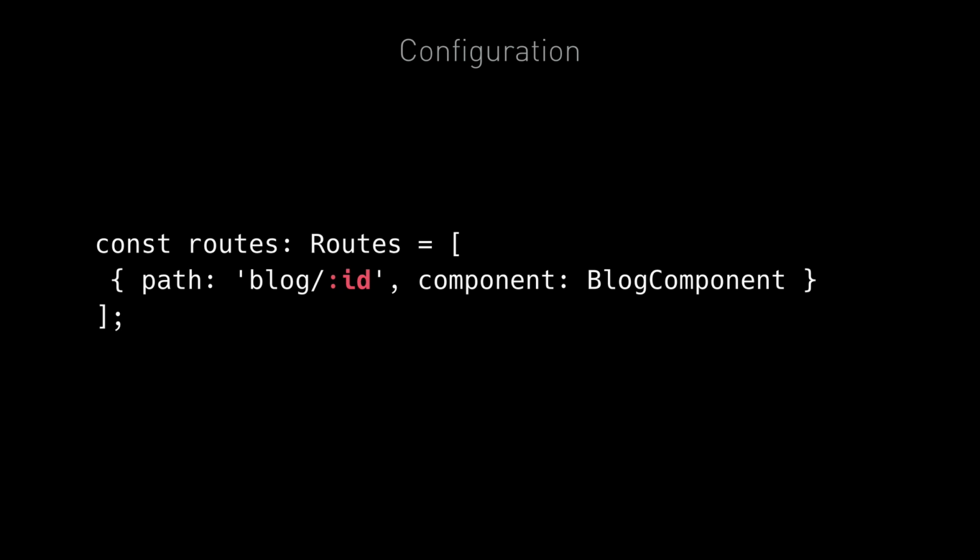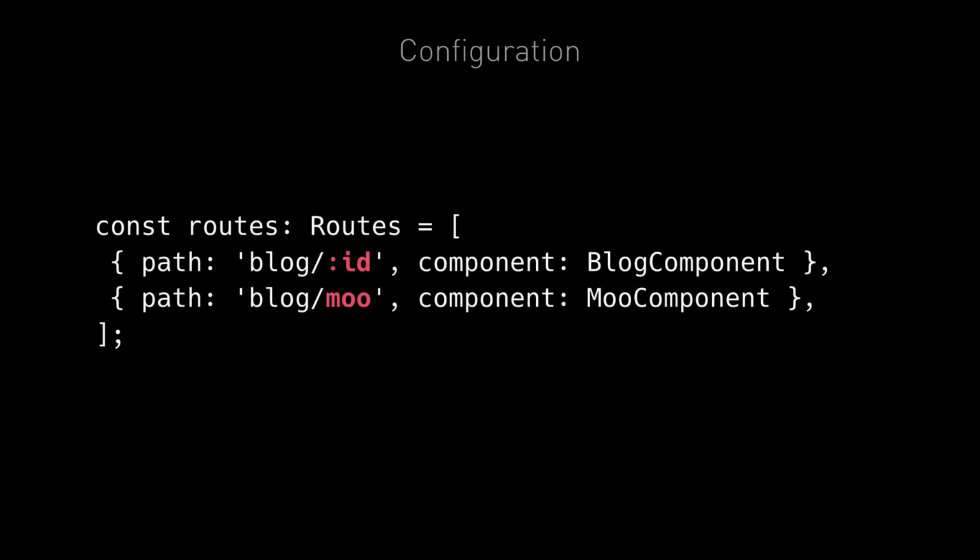So a path can have any number of variables as long as they all start with a colon and they all have different names. Another thing to know about parameterized routes is that non-parameterized routes always take priority over parameterized routes. So in the configuration in front of you, if we visited /blog/moo, we would actually show moo component, even though /blog/moo also matches with blog component.